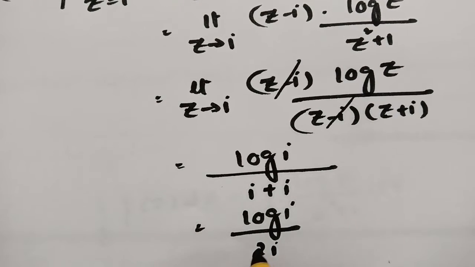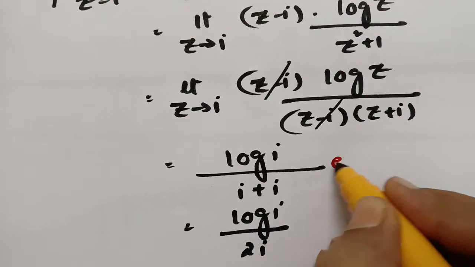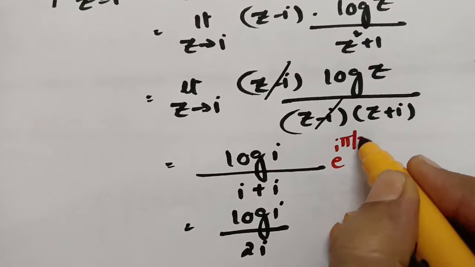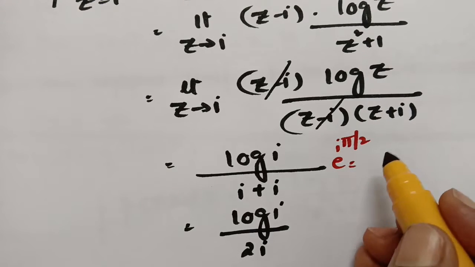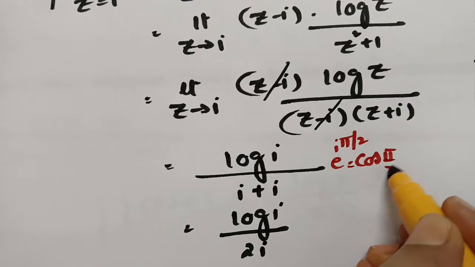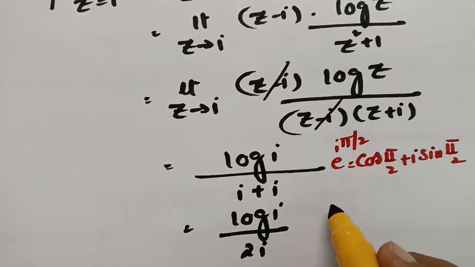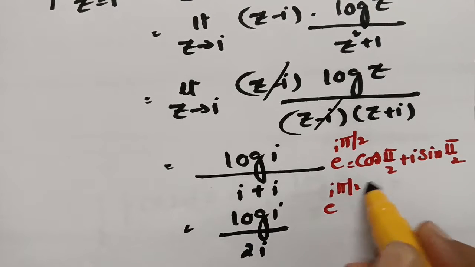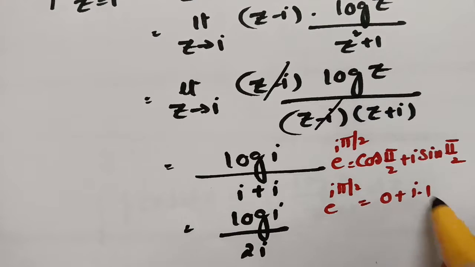So what is our log i value? For getting the log i value, we know that e power i theta is nothing but cos theta plus i sin theta. So e power i pi by 2 is cos pi by 2 plus i sin pi by 2. Clear? So cos pi by 2 value is 0 and sin pi by 2 value is 1.